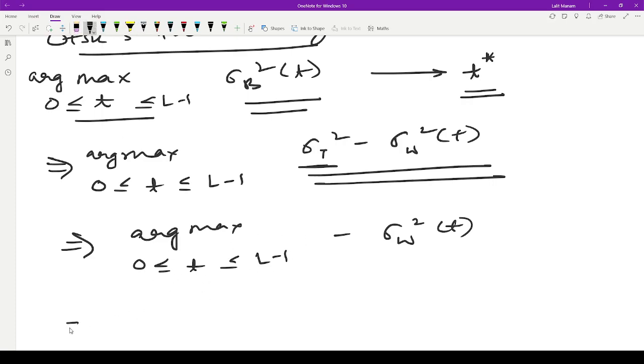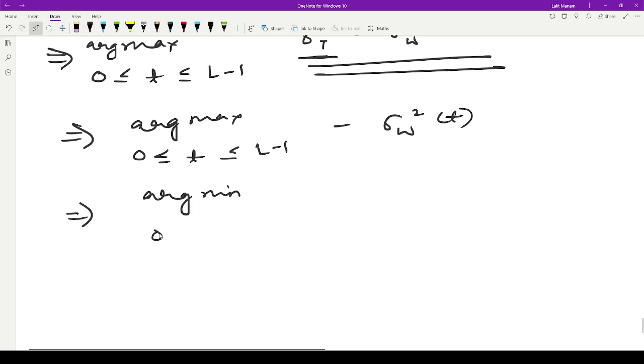So if you want to find a maximum of something negative, we can directly do the minimum of that, right? Why keep that negative sign? So this gives us sigma w squared of t. Ultimately, it's the same thing, which gives us the same threshold value t star.